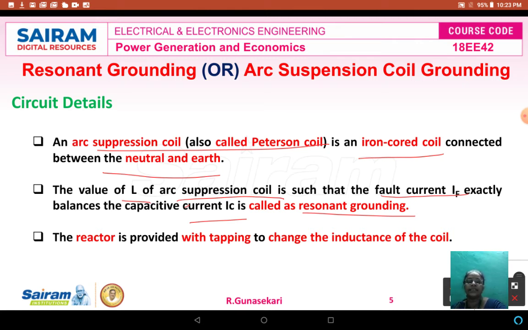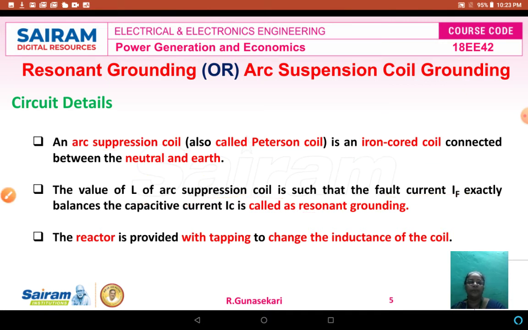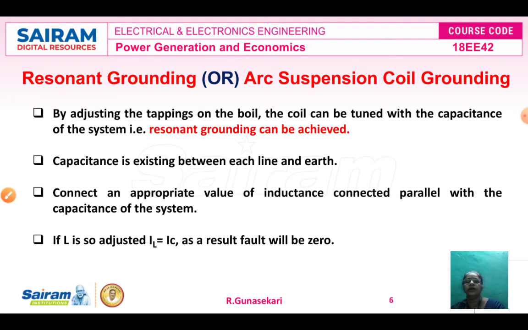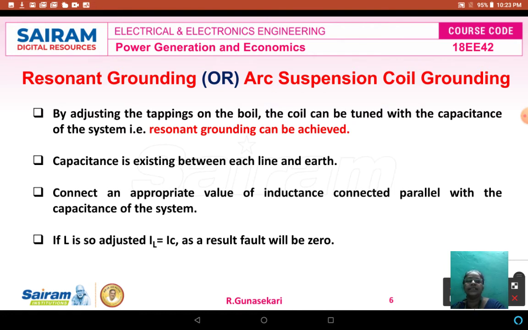The reactor in resonant grounding is provided with a tapping to change the inductance of the coil. By adjusting the tapping, the coil can be tuned with the capacitance of the system, and resonant grounding can be achieved.